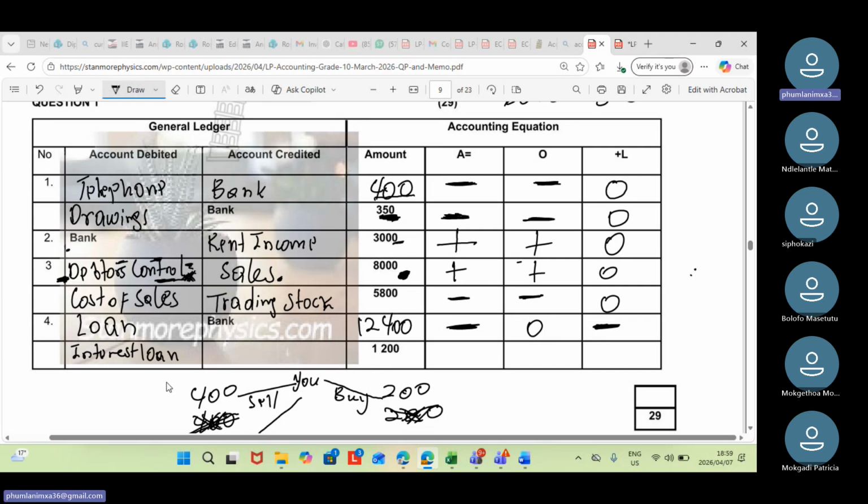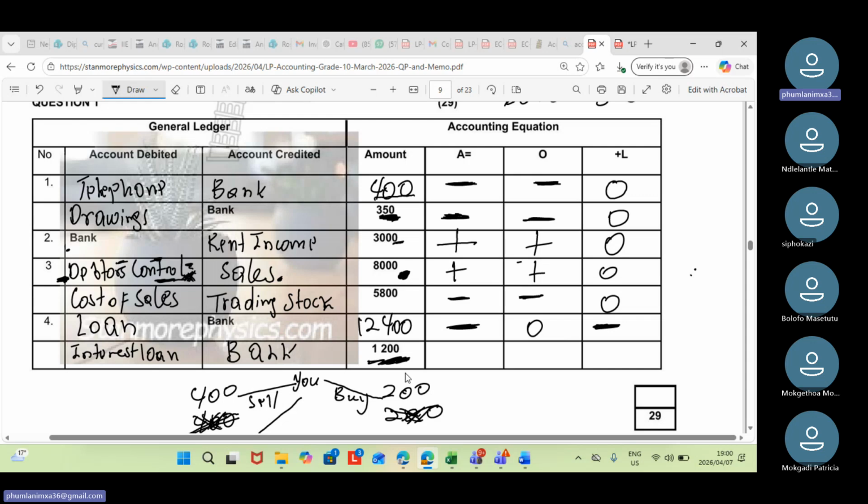Remember when I said whenever we're paying for any expense, whether it's interest on loan, telephone, advertising, could be insurance, expenses, they are always debited. Paying means now account to be credited will be bank, because we are taking money from our bank account to pay interest of 1,200.